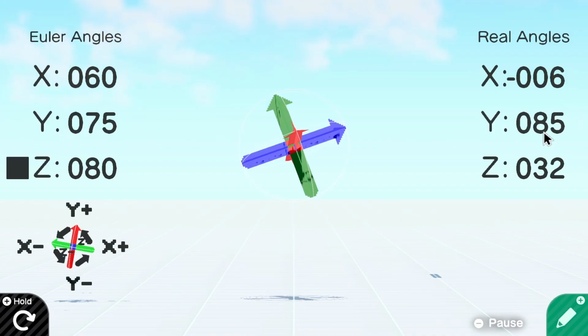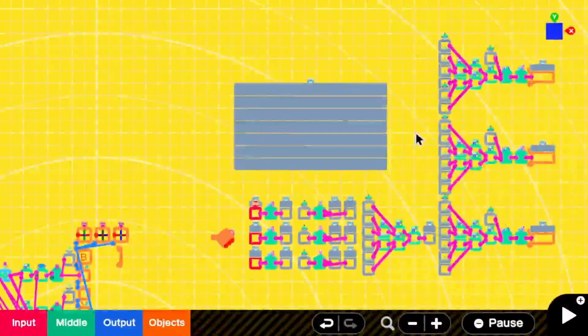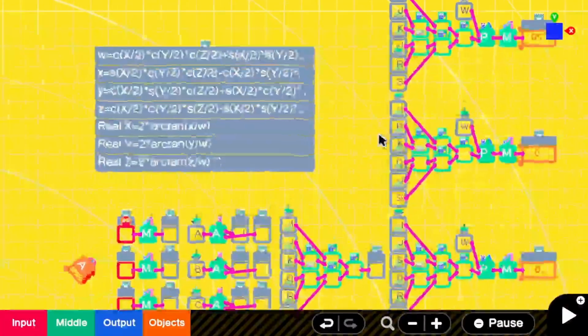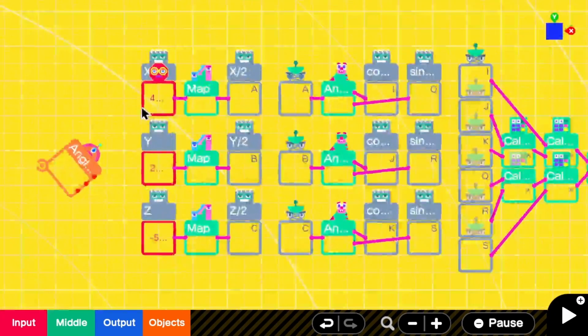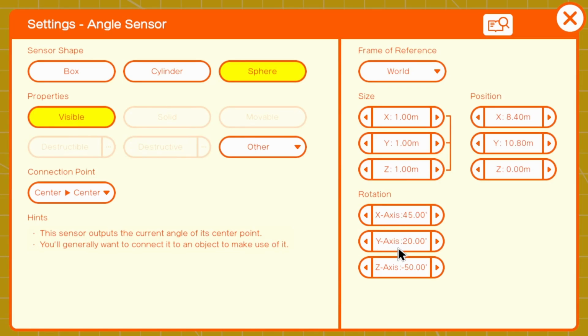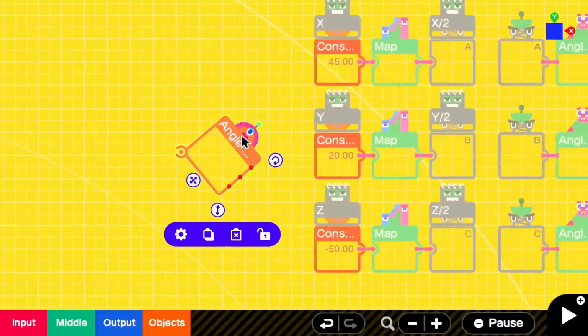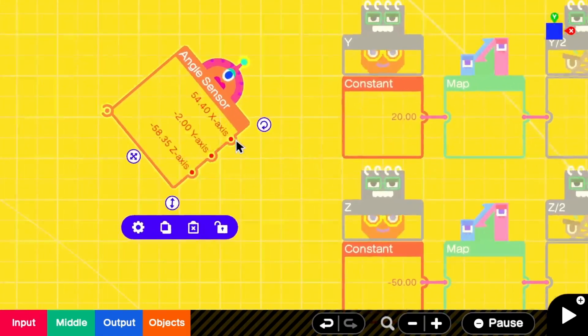So just to show you, I've actually replicated the equations that the game uses over here. Here I have a setup that is able to calculate, given a set of three Euler angles, so basically the three rotation settings that you set on the object, what the actual angles of the object will end up being, or basically what the outputs of the angle sensor will be.